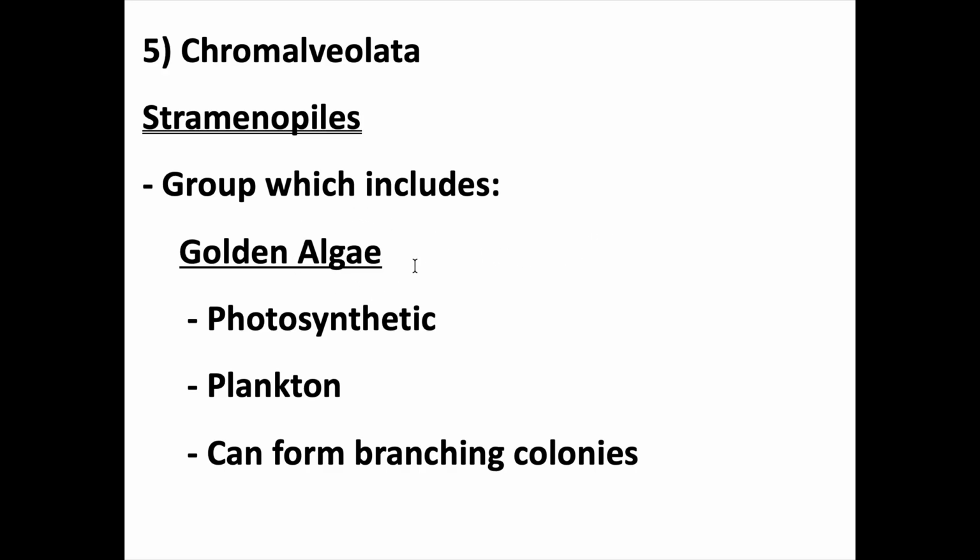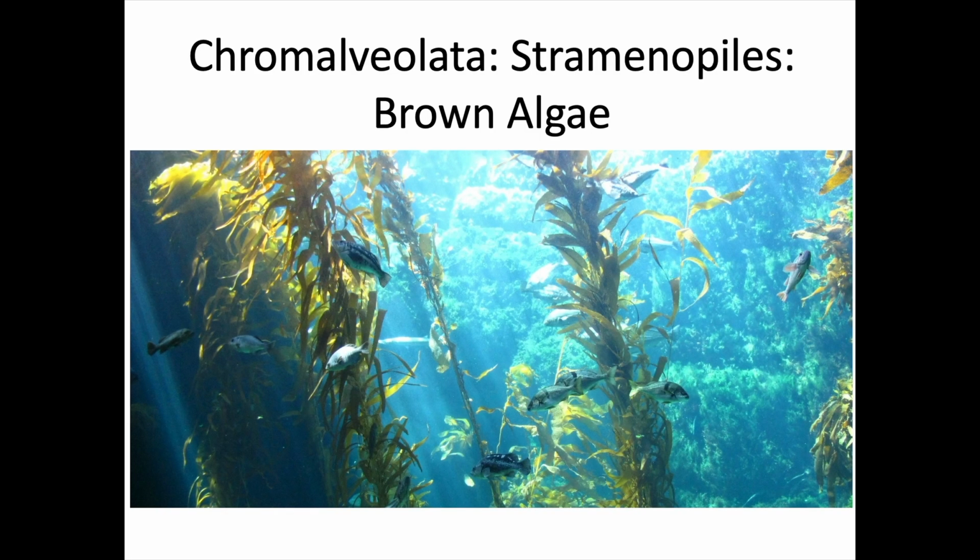So the word algae by itself broadly refers to something that lives in the water and does photosynthesis. Certainly red algae lived in the water and did photosynthesis. Golden algae lives in the water as plankton, does photosynthesis. And brown algae lives in the water, does photosynthesis, but a little bit differently than the golden algae.